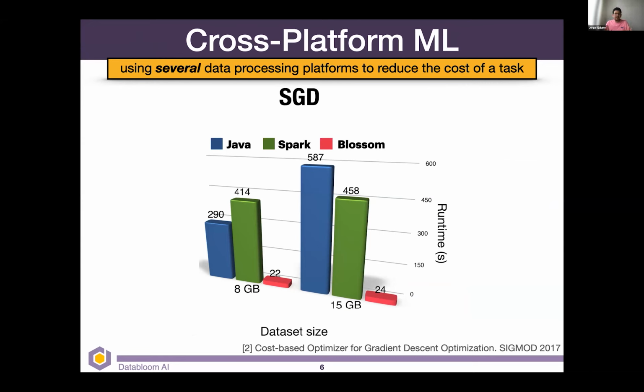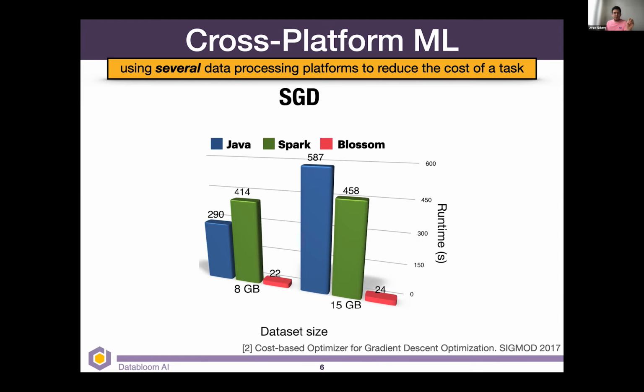Basically the idea was simple: let's use Java and Spark in this particular case, but we are already starting to benchmark with real machine learning frameworks like TensorFlow, Keras, and PyTorch. But in this case, the idea and the message will be the same.